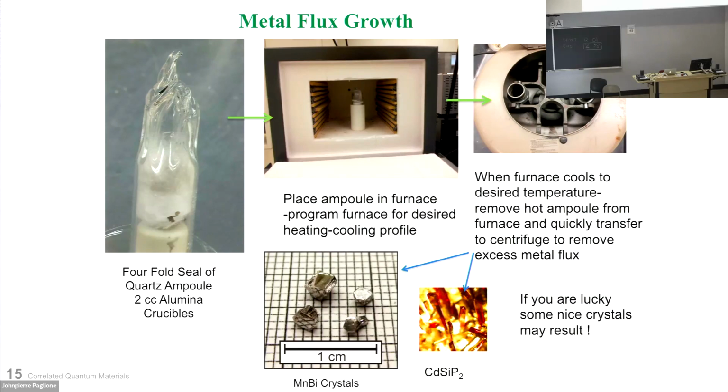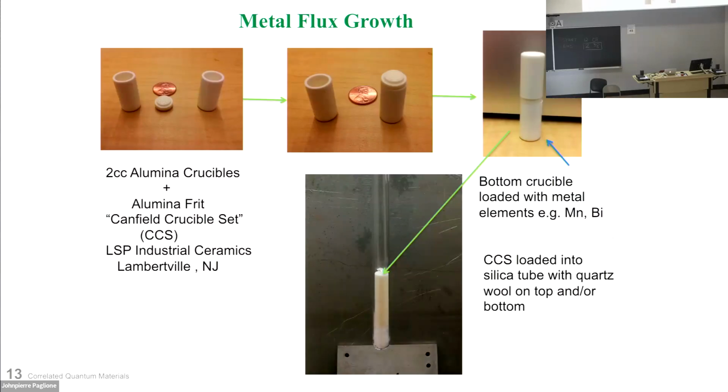Can you go back to the slide where you have two crystals inside the tube? This one. So why are there two pieces used in that picture at the bottom? The crystals will grow in the bottom, but once you're to the point where you have crystals and a liquid, you want to get rid of the liquid.